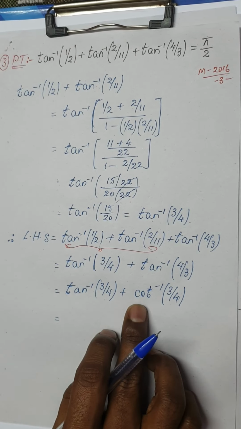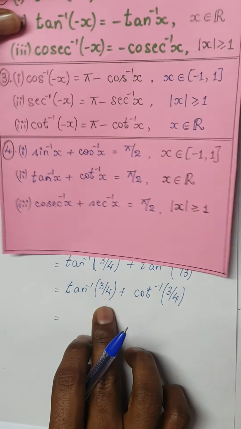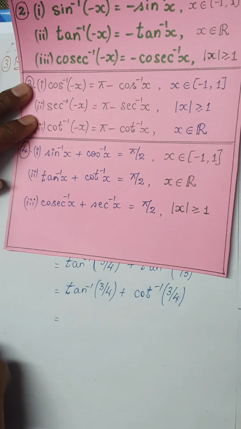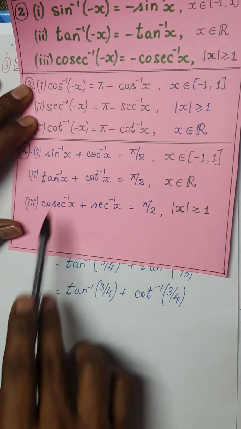Now this looks like the formula tan inverse of x plus cot inverse of x, which will be equal to pi by 2 if x belongs to the real numbers. So considering this property, I'm going to write the answer directly as pi by 2.